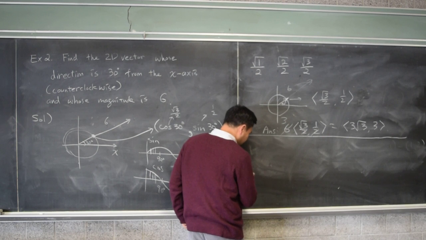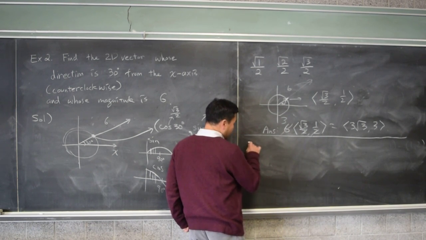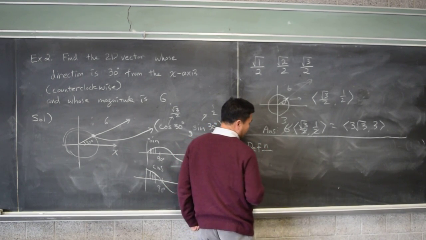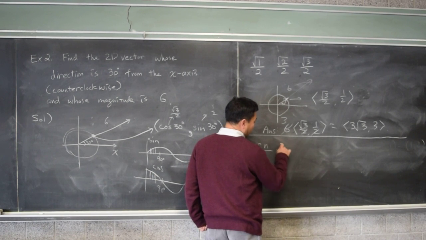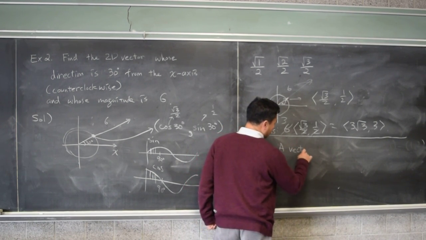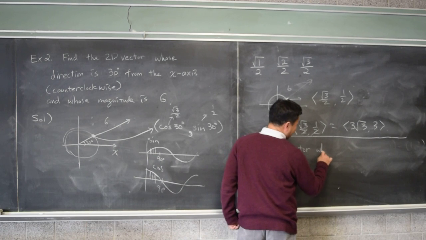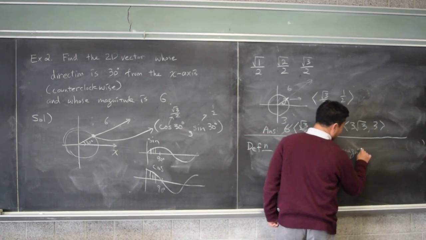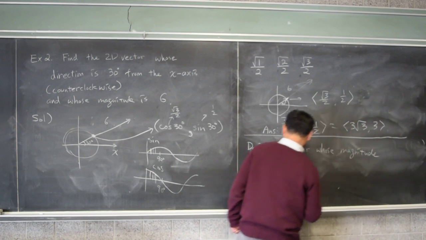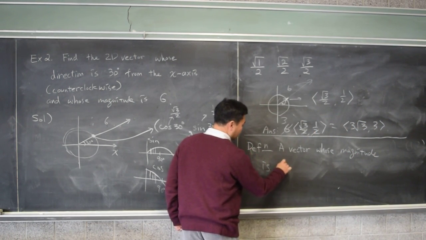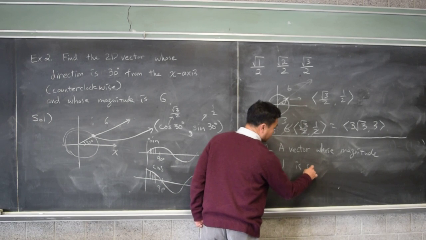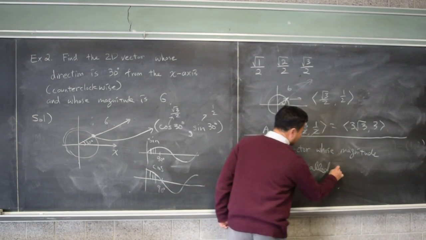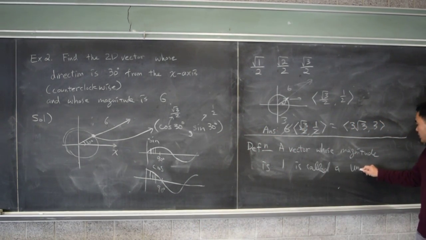So, definition: a vector whose magnitude is 1 is called a unit vector.